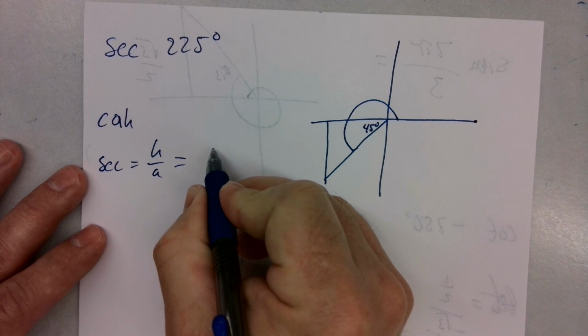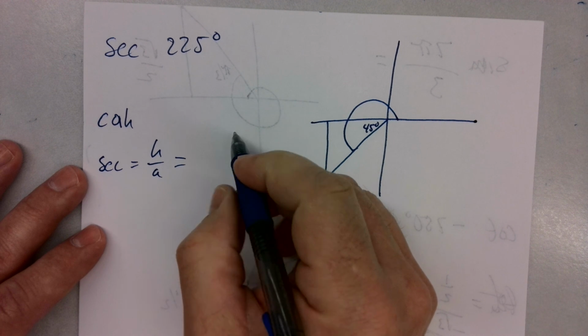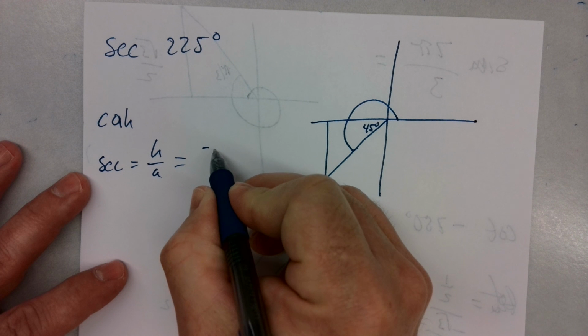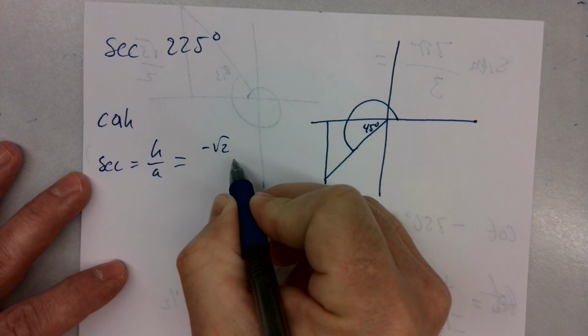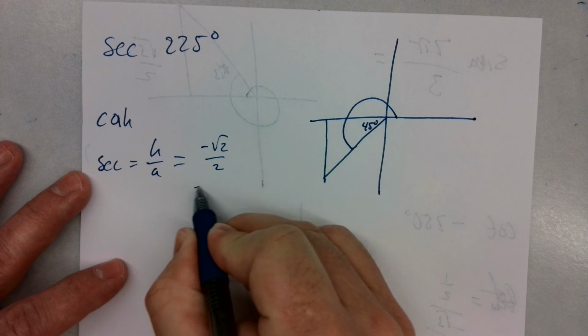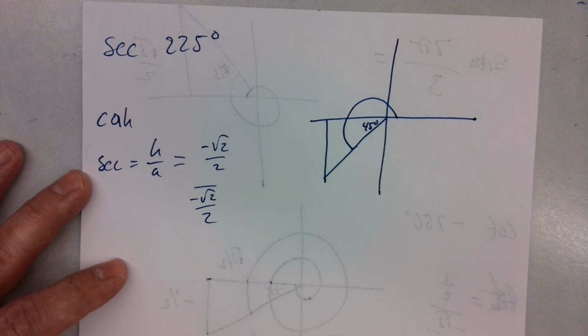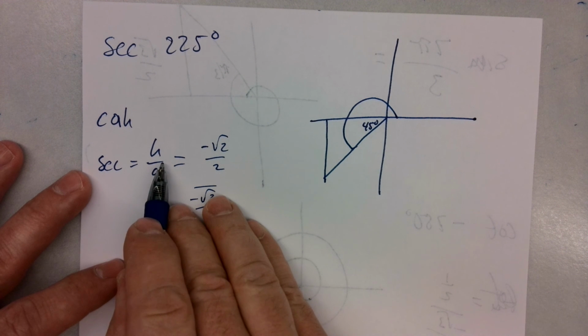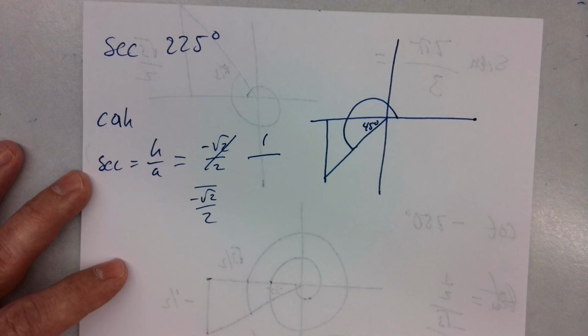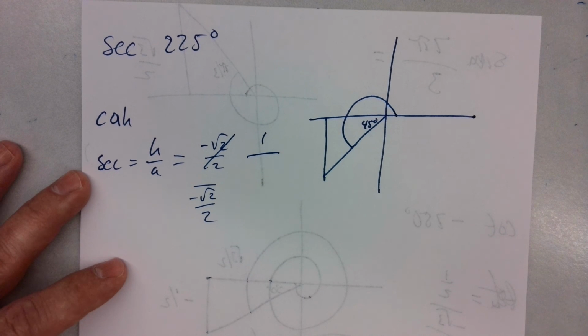Negative root of 2 over 2. What's my hypotenuse in this triangle every time? 1.